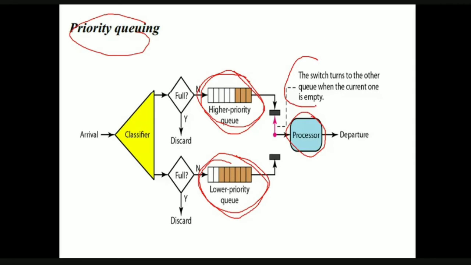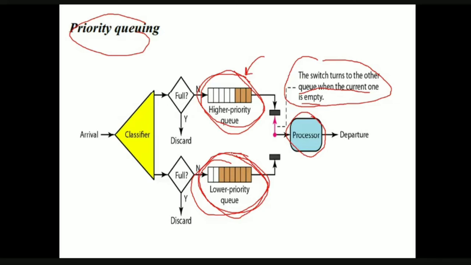The switch or router turns to another queue only when the current queue is empty. Initially it is processing the higher priority queue, and only when it is empty does the processor turn to the lower priority queue.